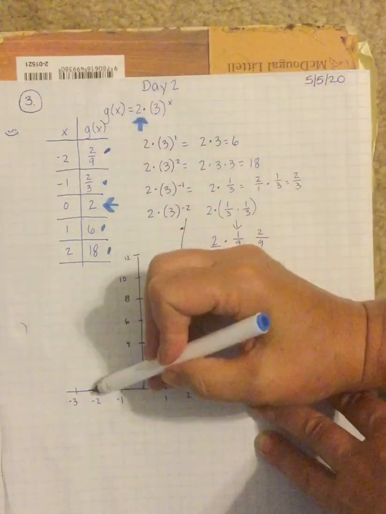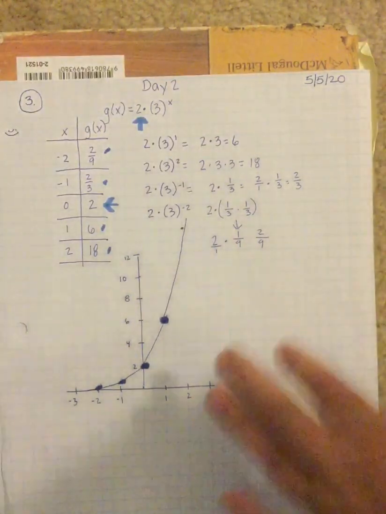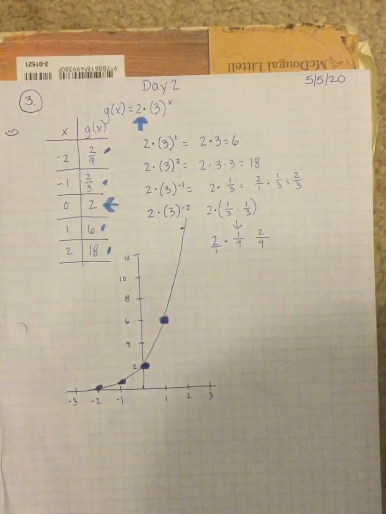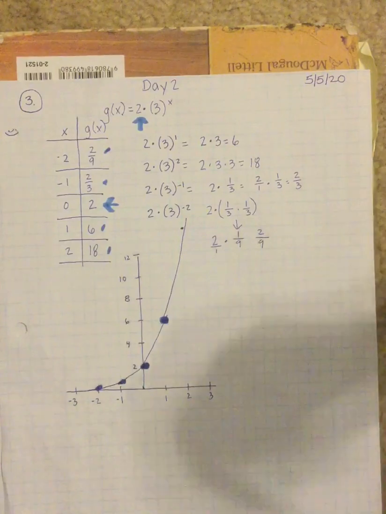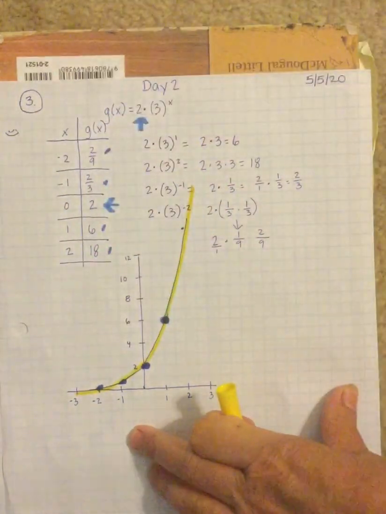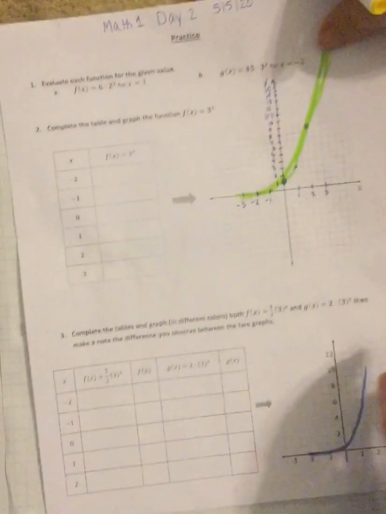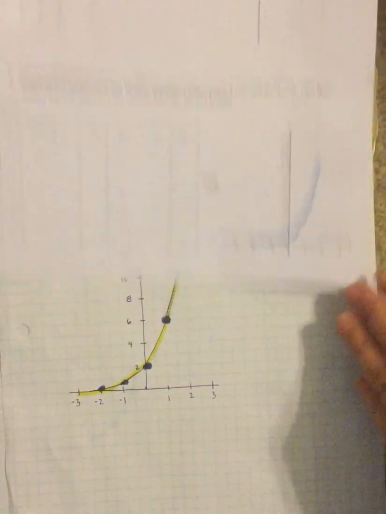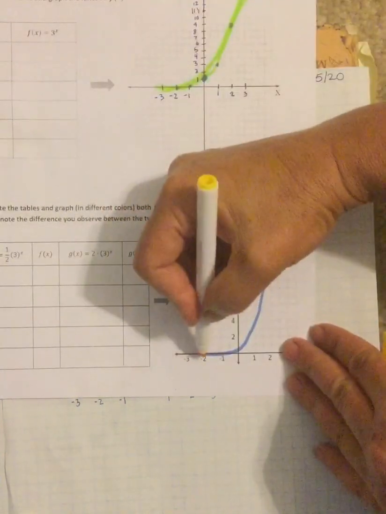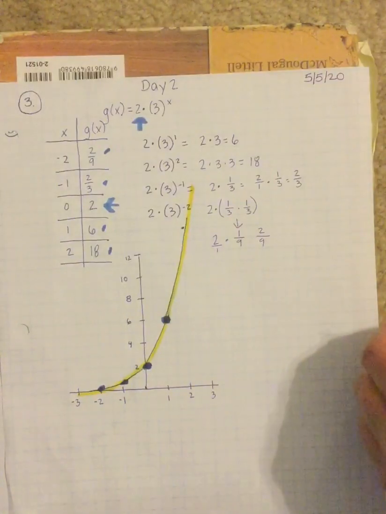And then 2/9 is hardly anything. You want to make sure you do it. If you don't have different colors, that's okay. Just use what you have at home. I'll use a different color. On your paper, you'll have 2 of these lines. This isn't probably right, but you'll see it'll be kind of like that.